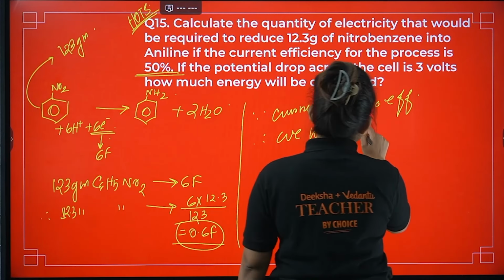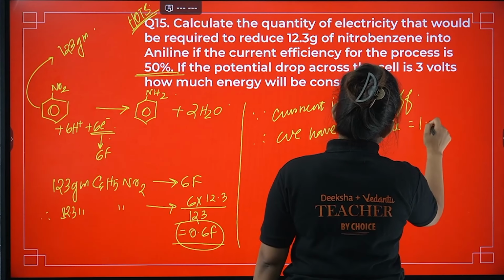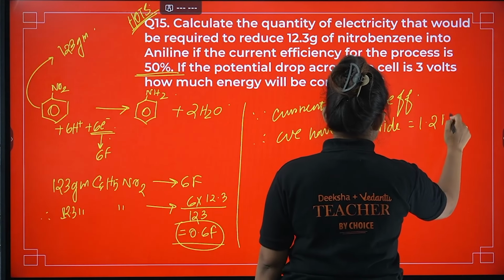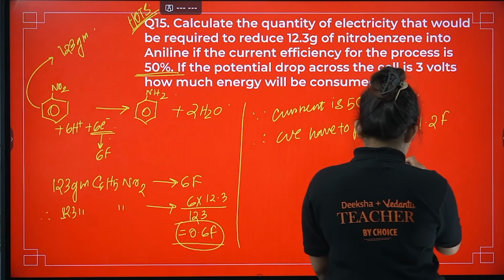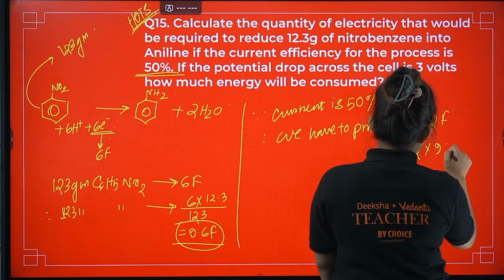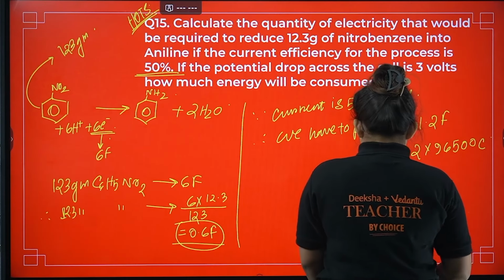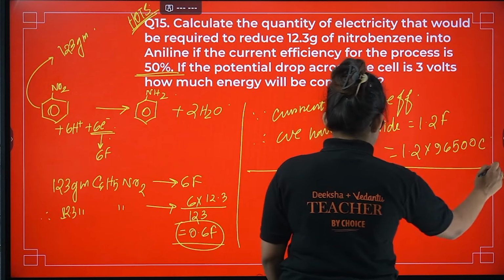So we have to provide 1.2 Faraday, right? So what is the total charge? Charge equals 1.2 into 96500 Coulomb, right? Okay, so this is the thing.